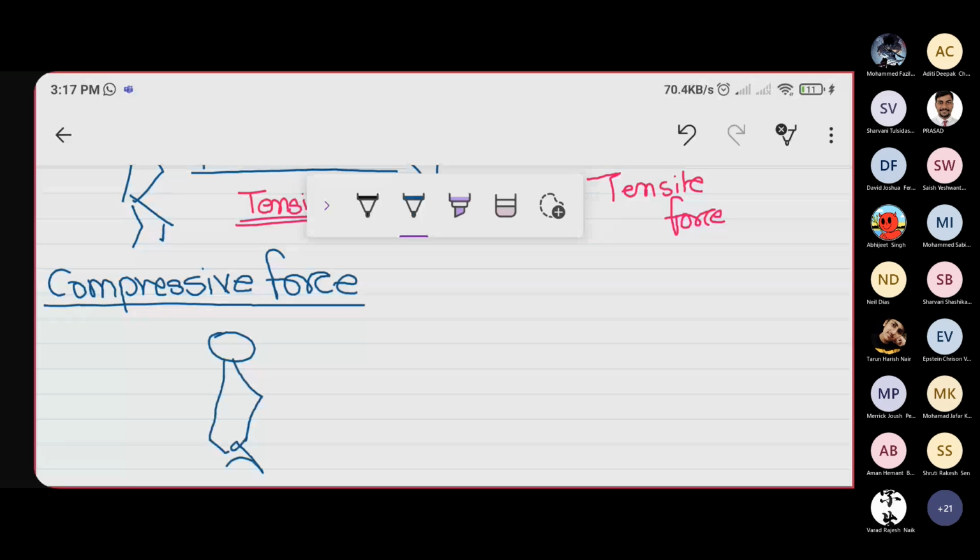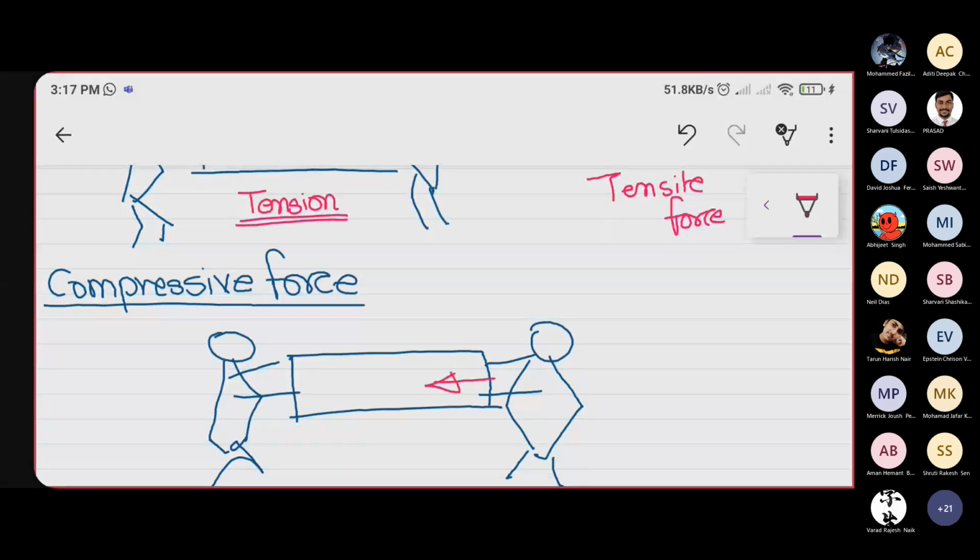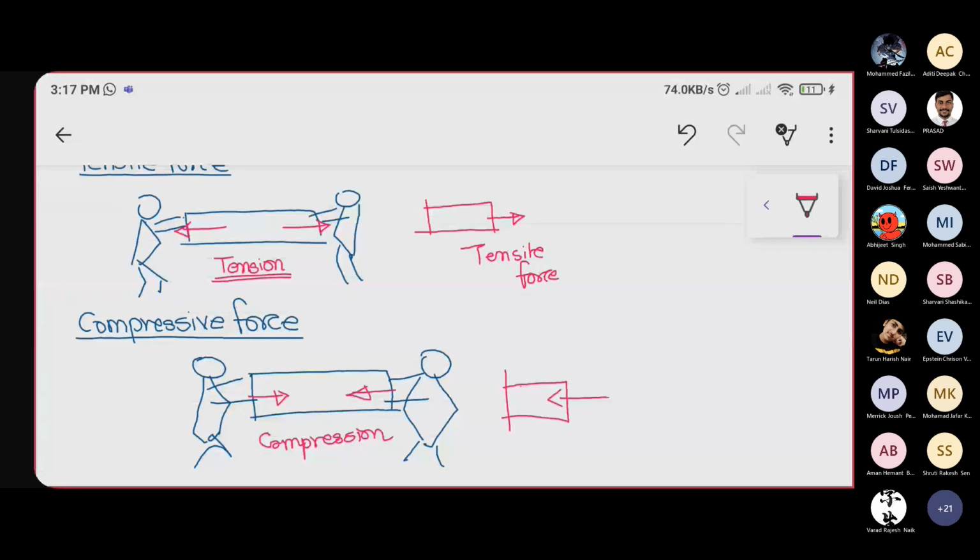The only thing is that instead of pulling the bar, now these two people are pushing this rod towards each other. That's why this is called a condition of compression, and this force is called a compressive force.